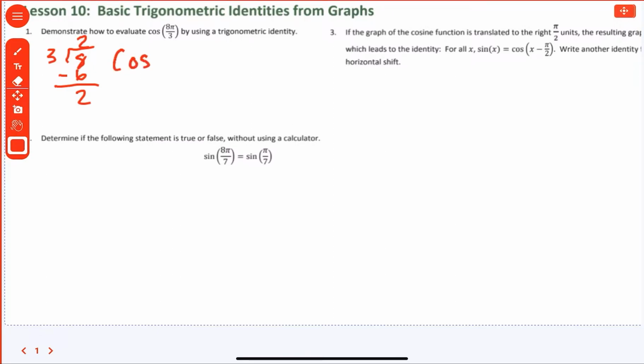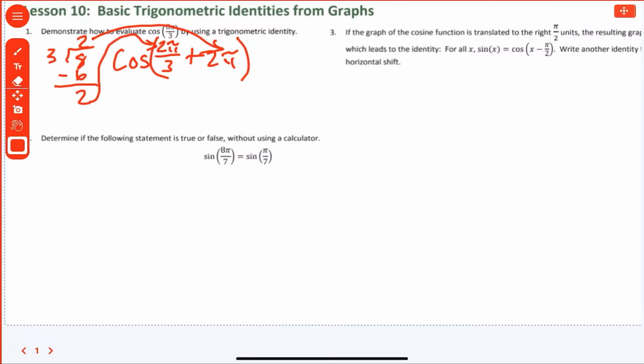We would have the cosine of 2 pi, because that's what was left over, plus 2 pi over 3. That 2 pi is one full rotation. 1 pi is 180 degrees.